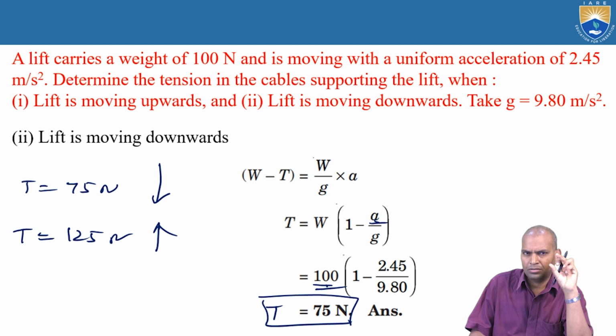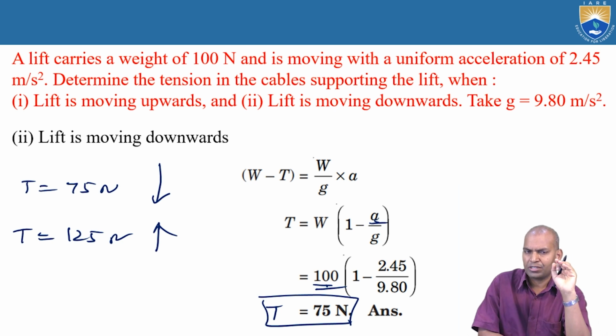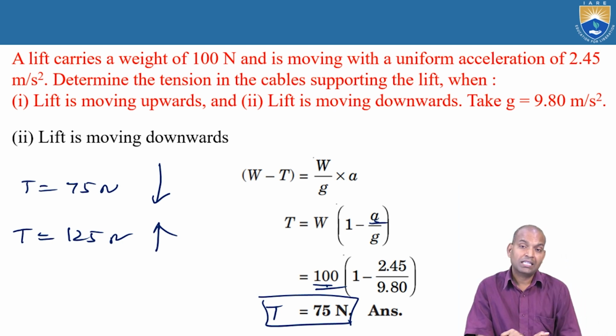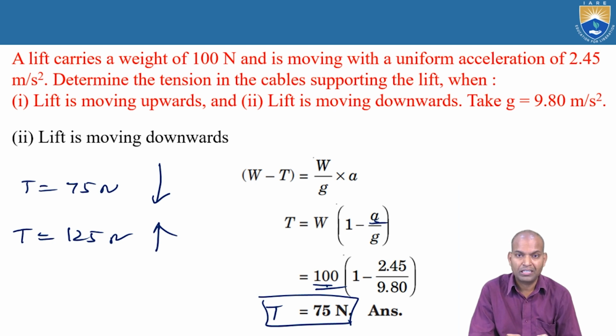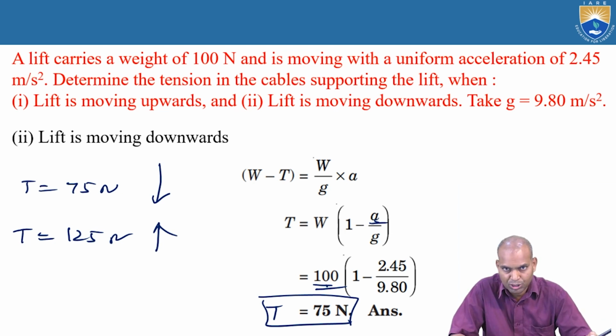In the case of inclined surfaces, we consider only the body moving downwards, for the rough surface and the smooth surface. Whereas in the case of lift analysis, we calculate the tension in the cable of the lift when the lift is moving upwards and when it is moving downwards, and also solve problems using those derived expressions.